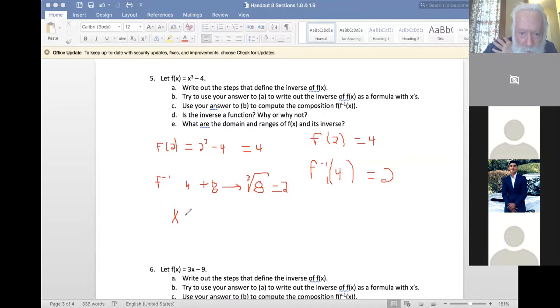Again, this is for the inverse. Oh, the inverse? So plus 4? Exactly. And then the cube root, because that's the opposite of a cube. So that would be the formula. Whatever I start with, I add 4 and then take the cube root. And so that would be f inverse.